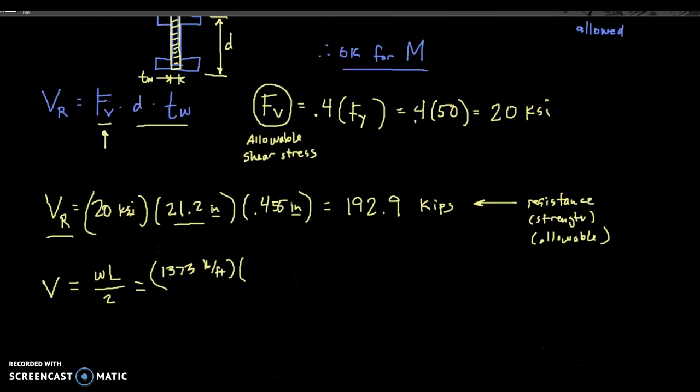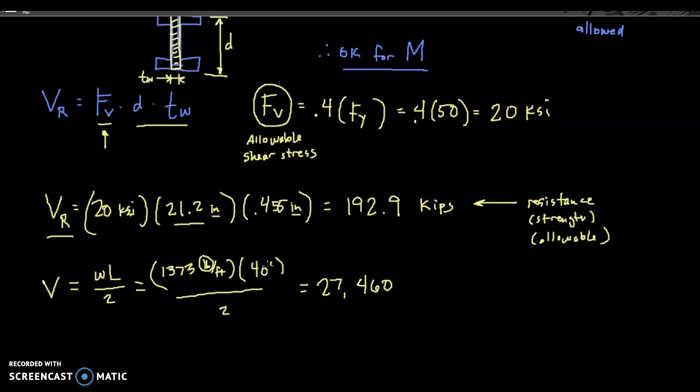So that's 40 feet, and we're going to divide that by 2. So we've got 1373 times 40 divided by 2, and that is giving me 27,460 pounds.